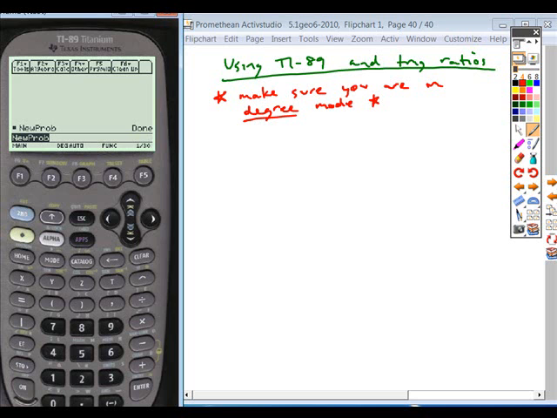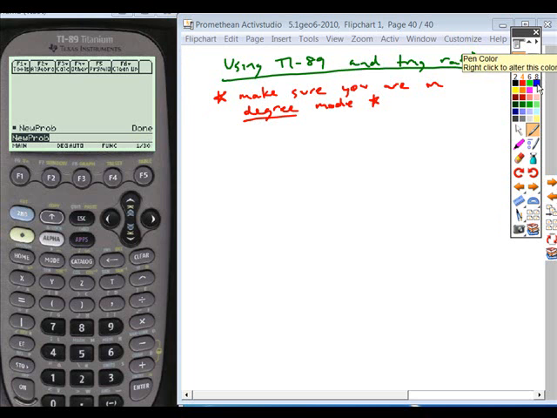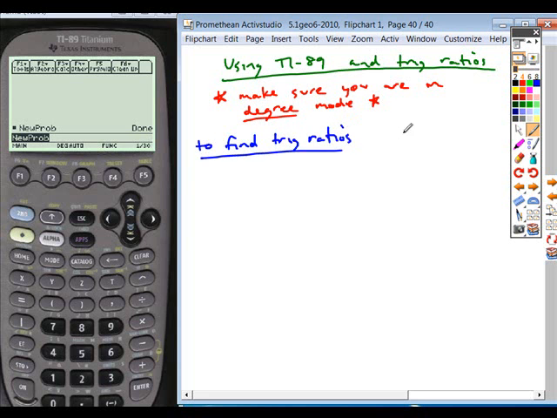All right, so once you're in degree mode, there are two different cases of using this. You're either going to use it to find trig ratios or to find angles.